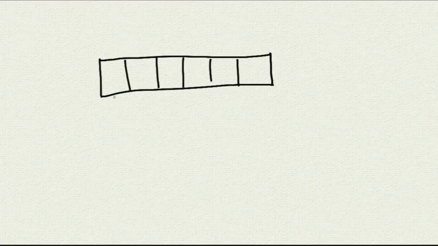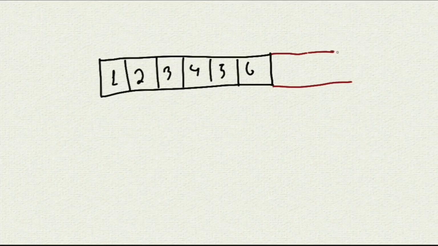Okay, so imagine that we have here number 1, number 2, number 3, number 4, number 5, and number 6. So the main goal is to allocate memory so that we can have here another space for more elements. Okay, so that's the main idea.